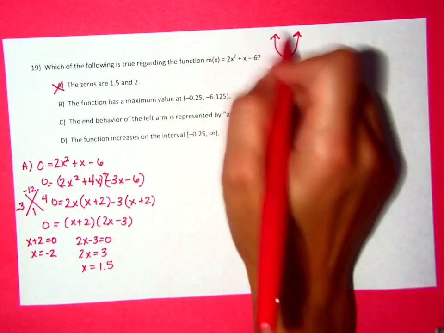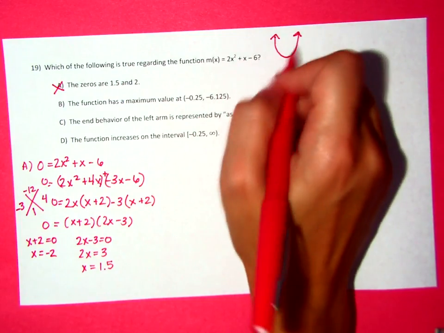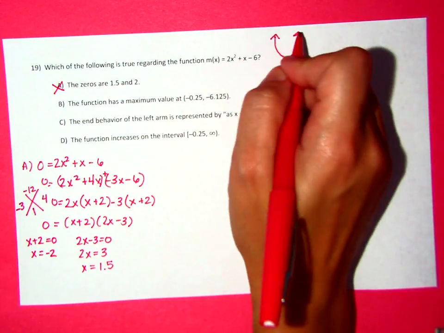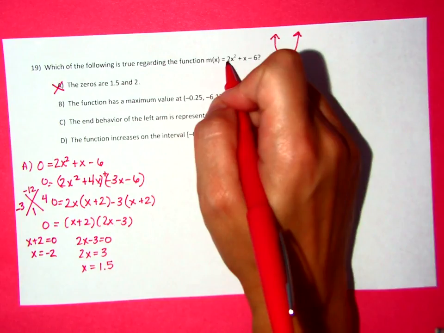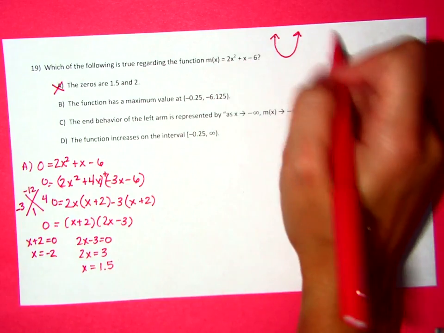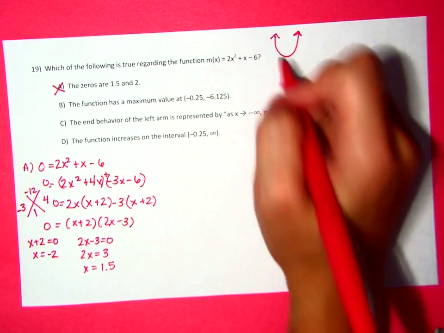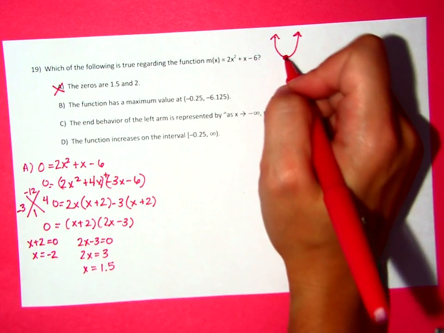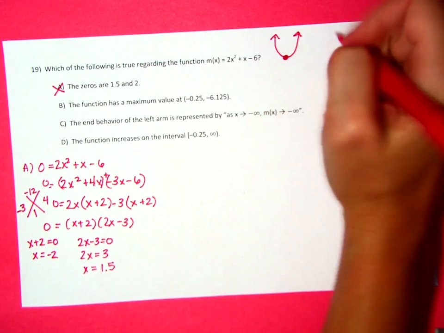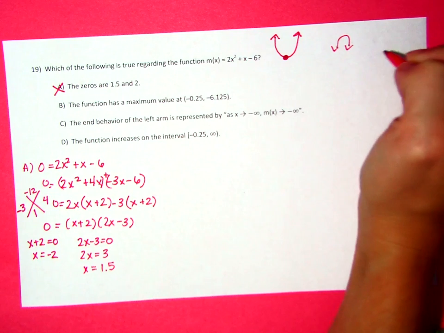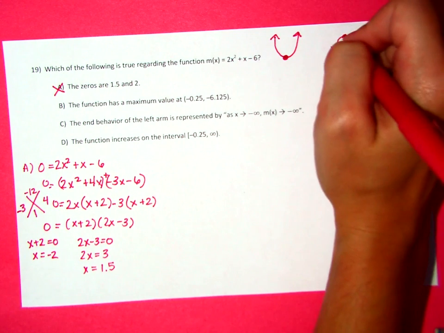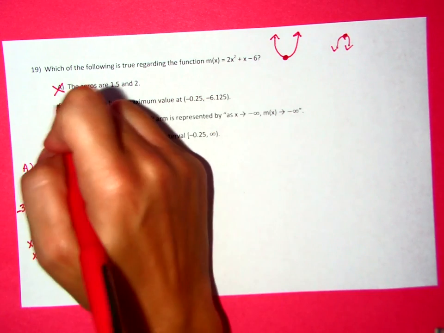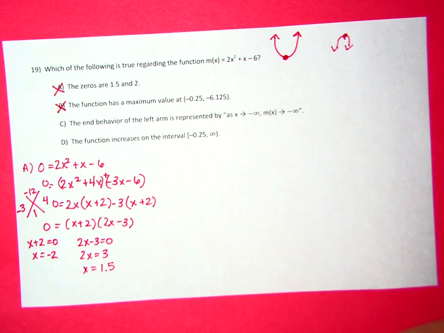If a is a positive number, it's going to make that smiley face, or the parabola is going to be pointing up. If that a was negative, then it's going to make the frowny face, or the parabola is pointing down. Well, here's the catch. This right here is not a maximum. It's a minimum. For a maximum, we would have needed the graph to look like this. There is no maximum value on this function, so that one's out.